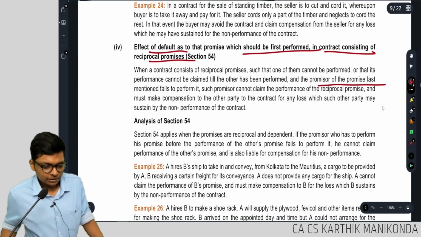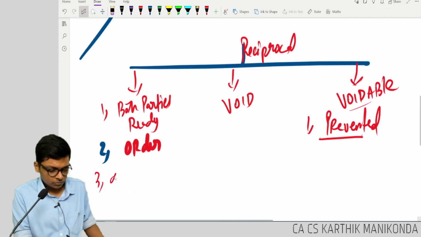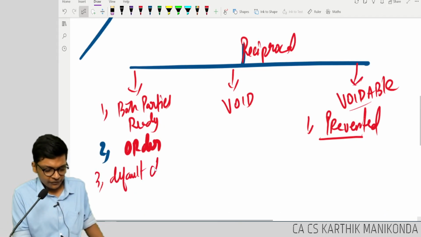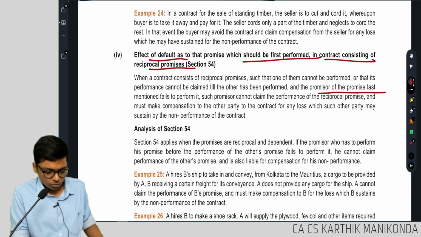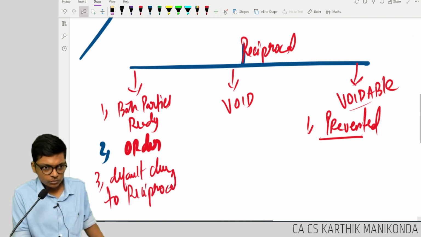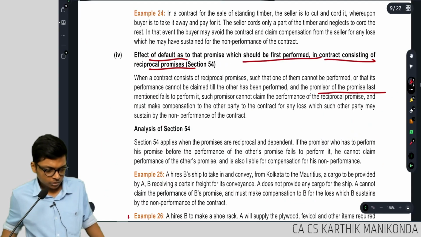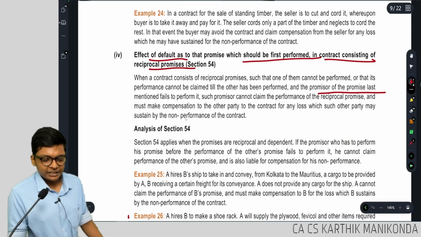Okay, this will be default due to sixth is void. Okay. Now, what is this point, guys?